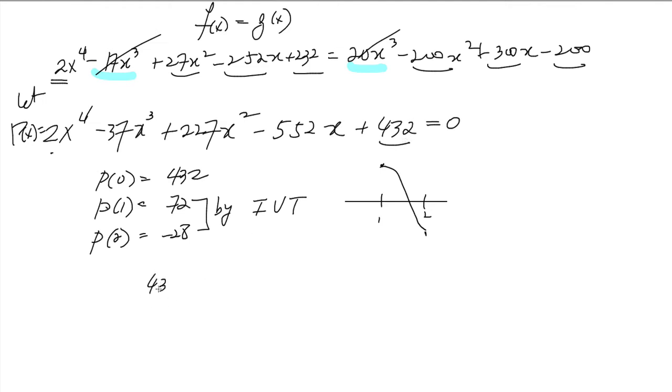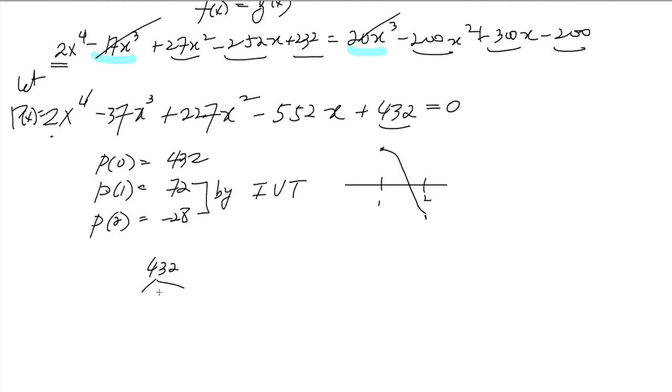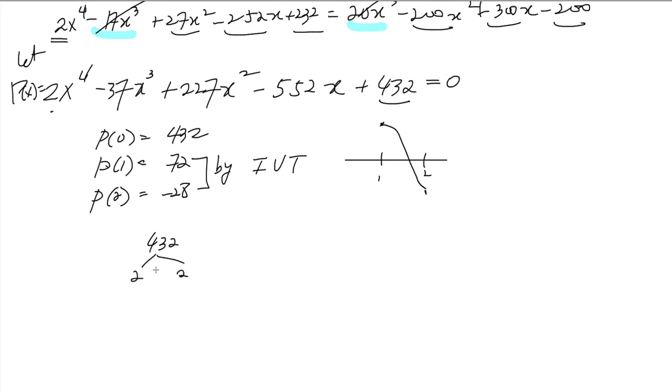Well, 432, let's break this down. 2 over 2 gives you 1. We need something bigger than 1. I think 3 is a factor of this as well. So 3 over 2 is exactly between 1 and 2. So we should try 3 over 2.